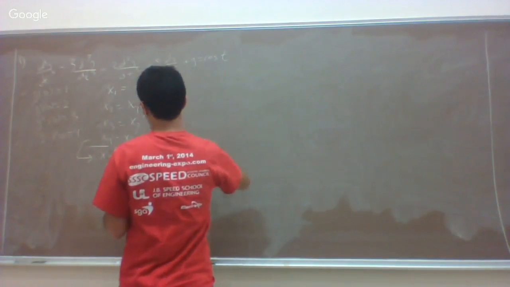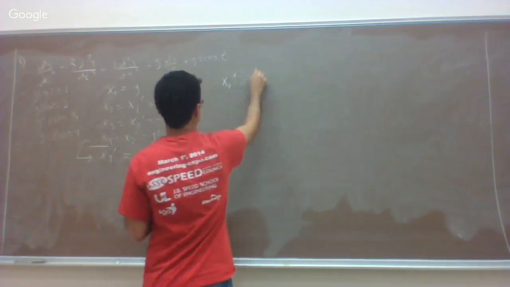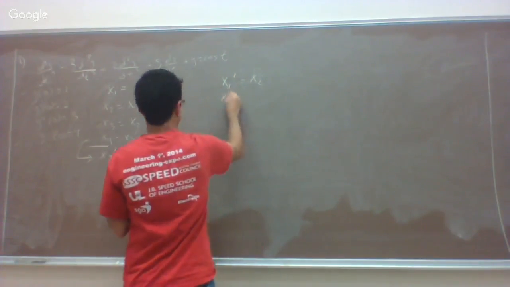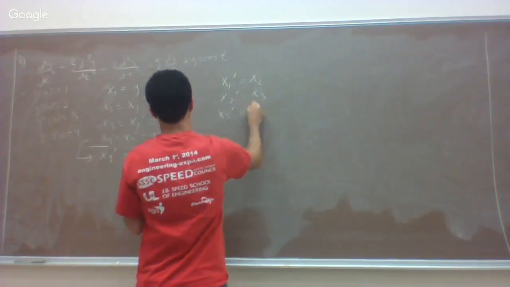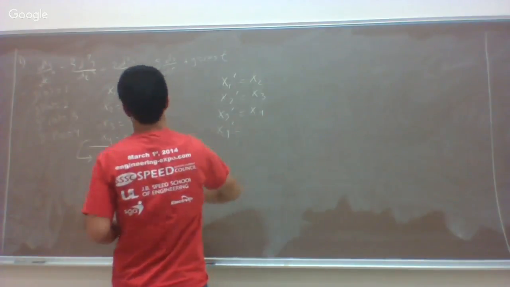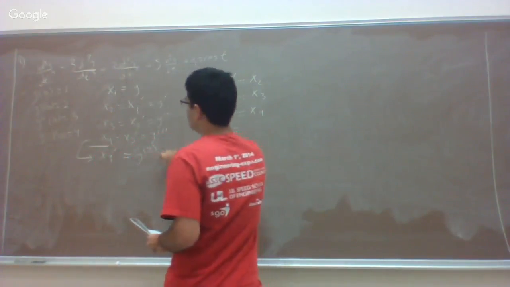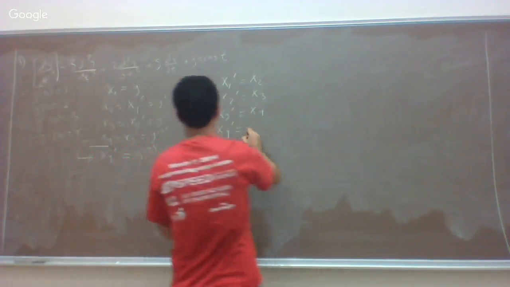So then, my 4 equations are x1 prime equal to x2, x2 prime is equal to x3, x3 prime is equal to x4, x4 prime is equal to y to the 4th, which is this. So we solve this equation for x4 prime.